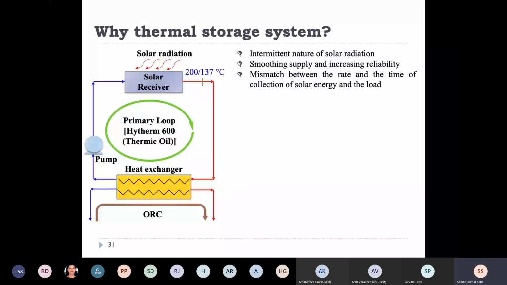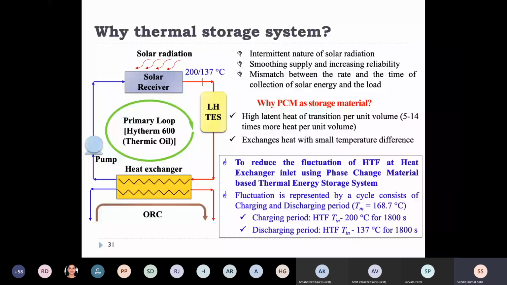Okay, so here we are employing latent heat of fusion, latent heat thermal energy storage, because we want to remove the intermittence in the solar radiation, as well as we want to extend the electricity generation after the sunset basically.